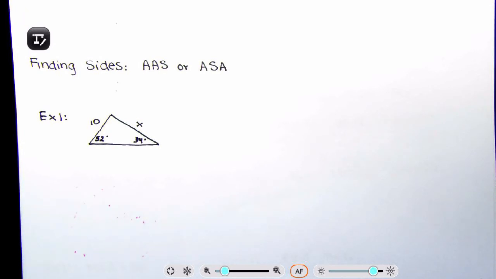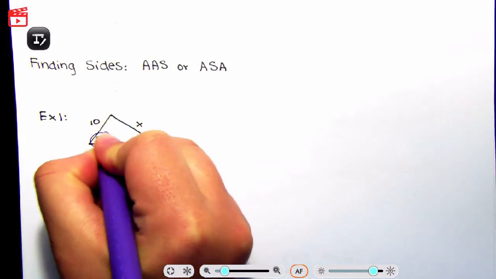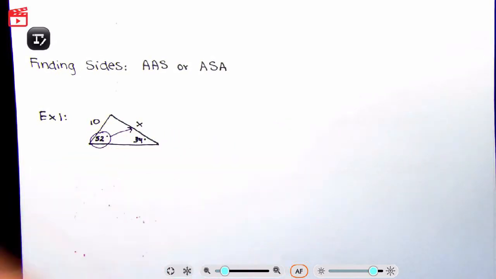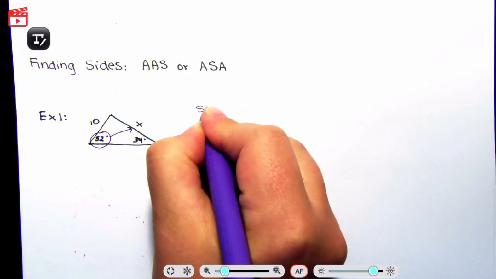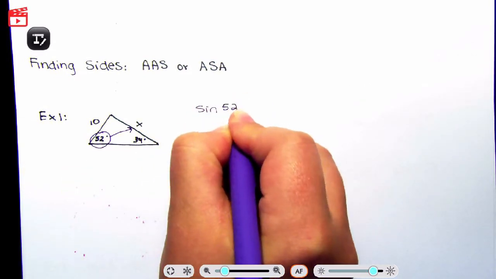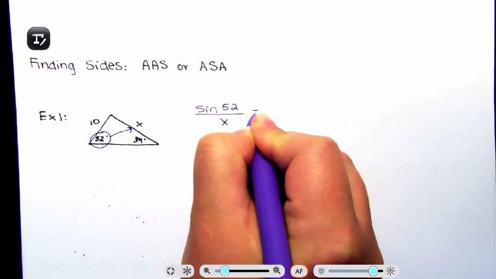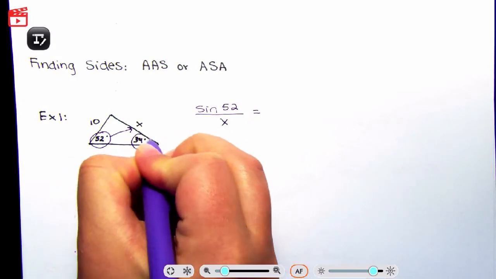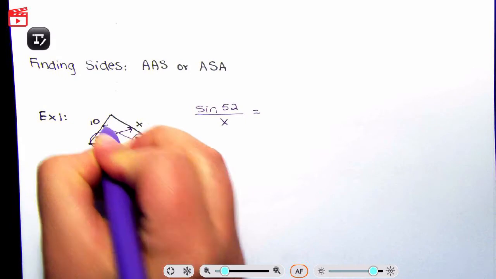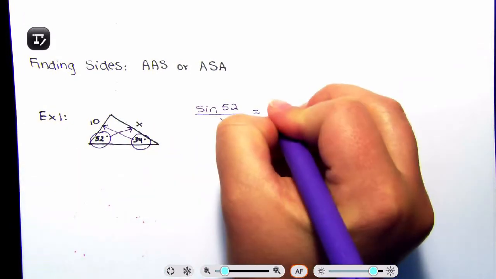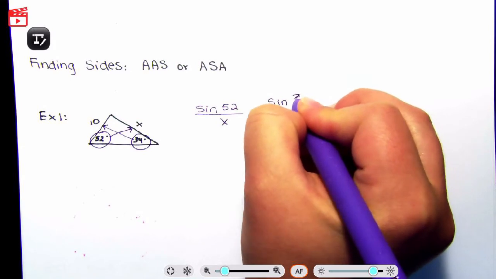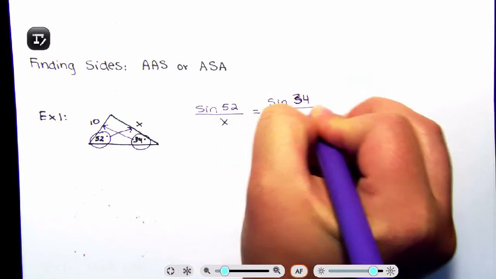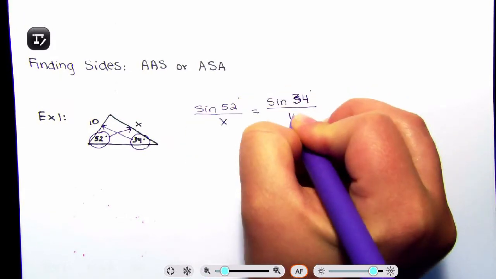For example, I see an angle here and a side across from it, so I know I'm going to have sine of 52 over x. And that's going to equal, here's another angle and here's the opposite side, sine of, just kidding, that's a 34 degrees, over 10.